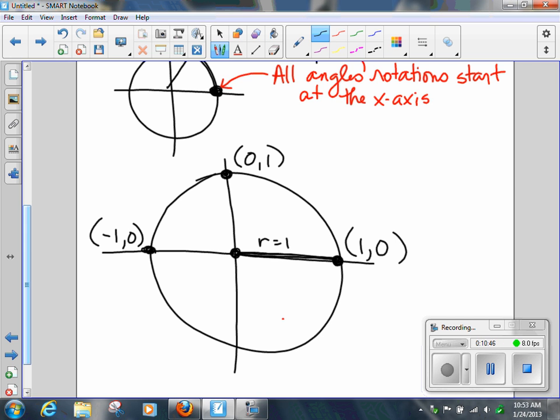Now, I want to ask you something. Can distance be negative? Can I drive negative 14 miles? No. So if distance can't be negative, why is that 1 negative? Because I'm showing the placement. And it happens to be on the side of the y-axis where those x values have to be negative, right?